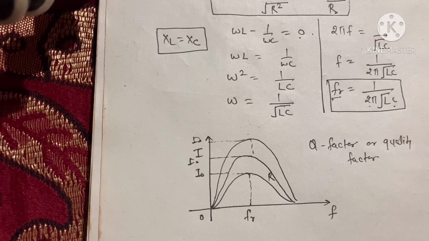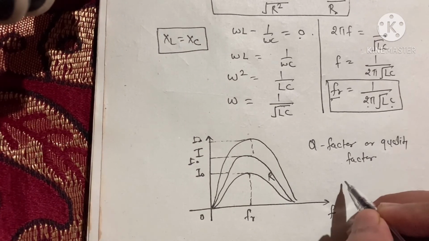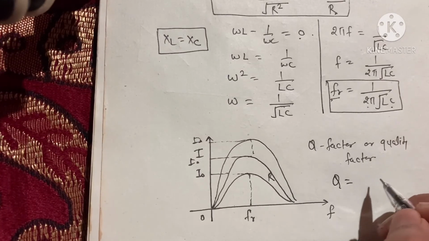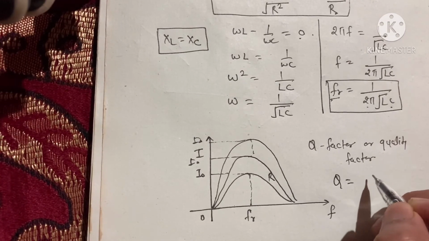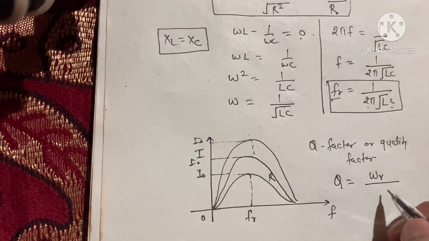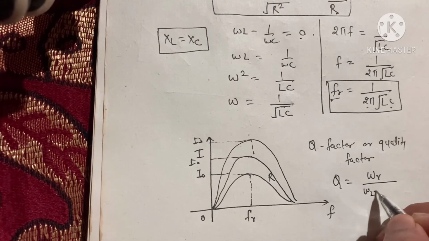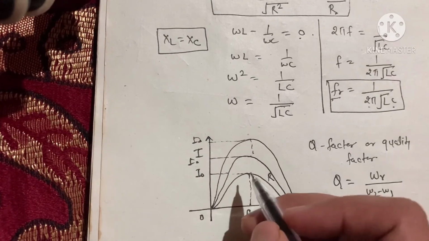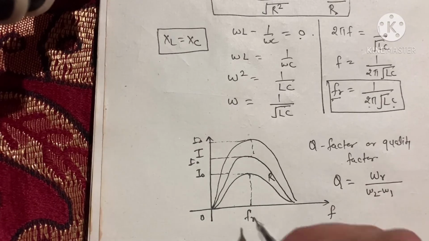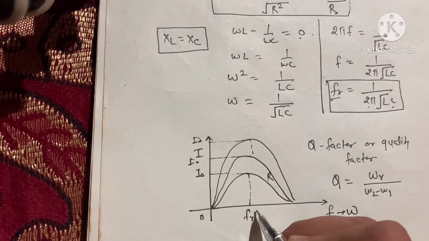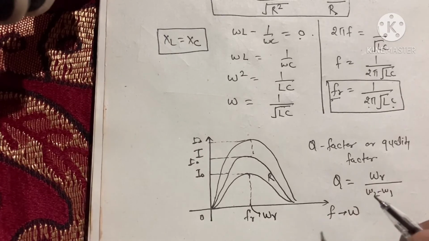The general definition of the quality factor, represented by the letter Q, in terms of omega, is the ratio of the resonant frequency omega r divided by omega 2 minus omega 1. Now what is this omega 2 minus omega 1? Suppose on the same axis we take omega, and this becomes omega r.